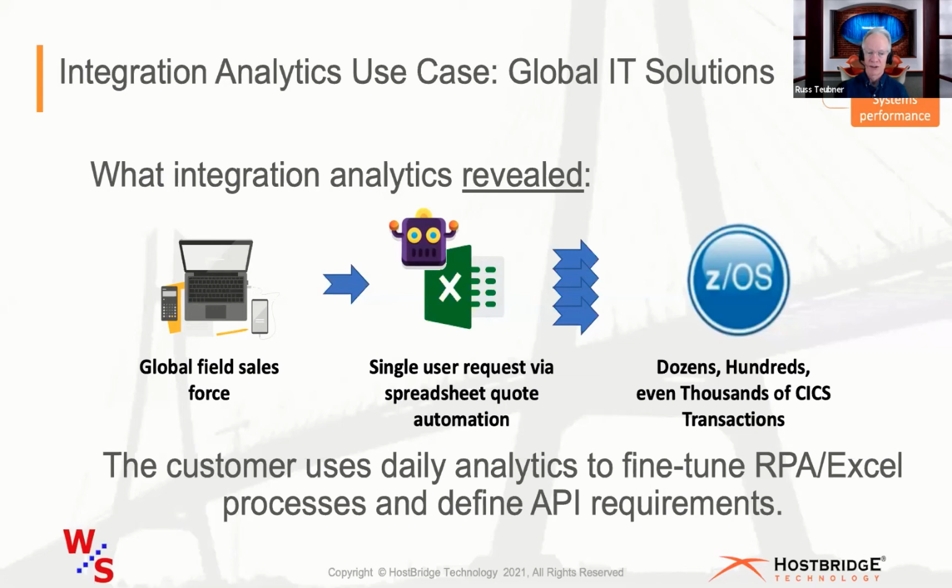And so their global field sales force all around the world, though, live in Excel. And over the passage of time, decades, people have written various kinds of Excel macros. And these Excel macros then interact with the mainframe via terminal emulation and screen scraping.